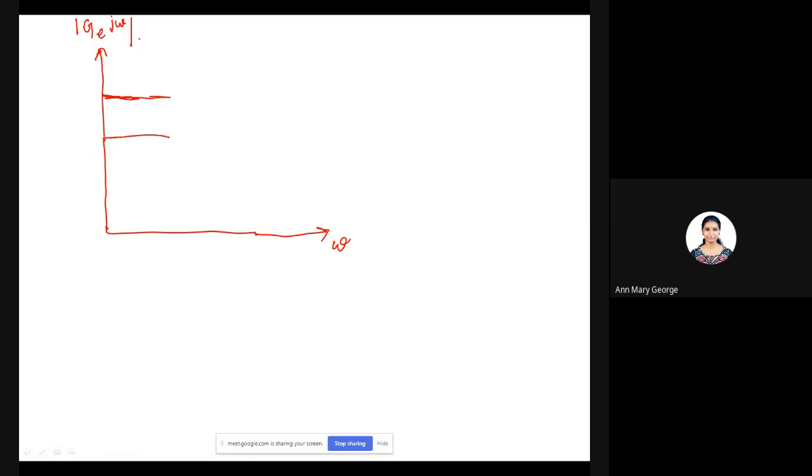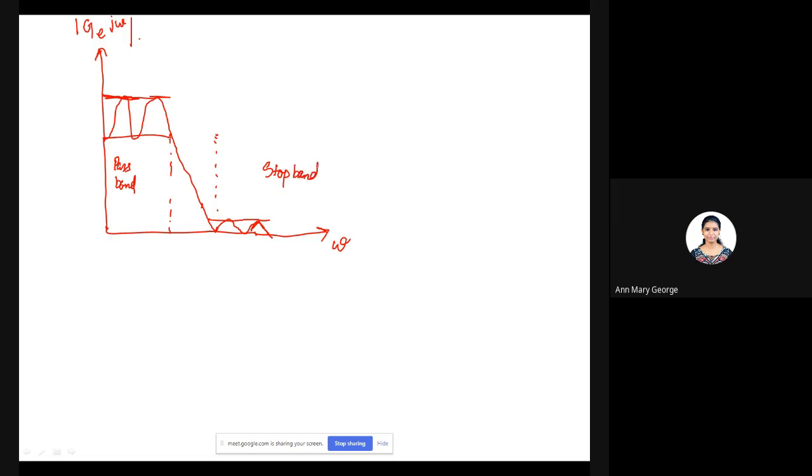Did you draw it? Okay, this will be the pass band, and this will be the stop band.